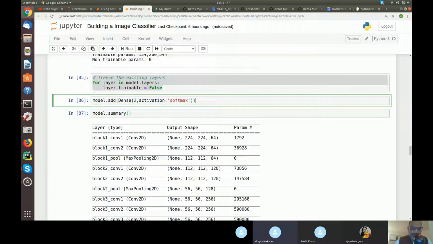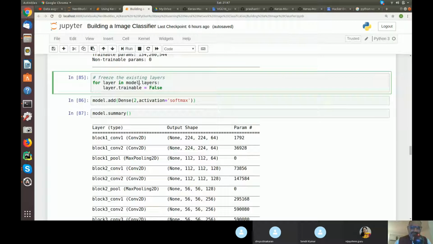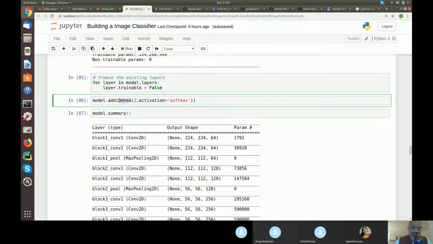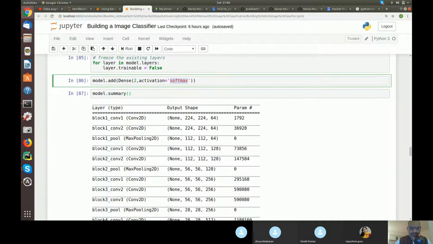Now what you want to do is to add your final layer. As in this model and the previous model we created, it's a dense layer. It has two categories. VGG had 1000, so we are putting 2. The activation function is softmax, so that will give you probabilities for each category. So we add this, so you can run this part of the code.